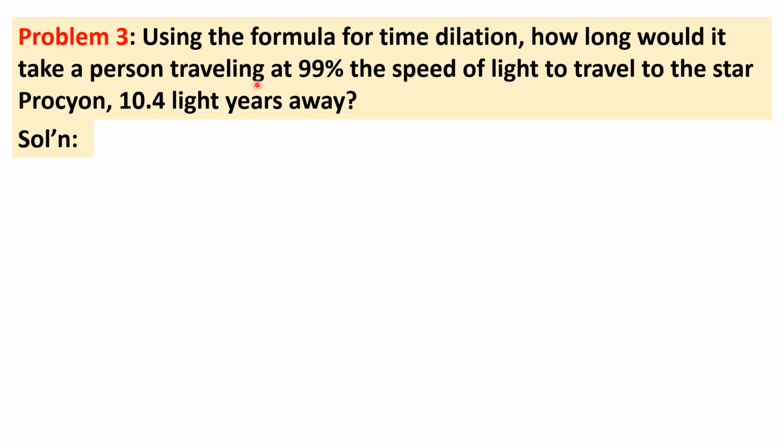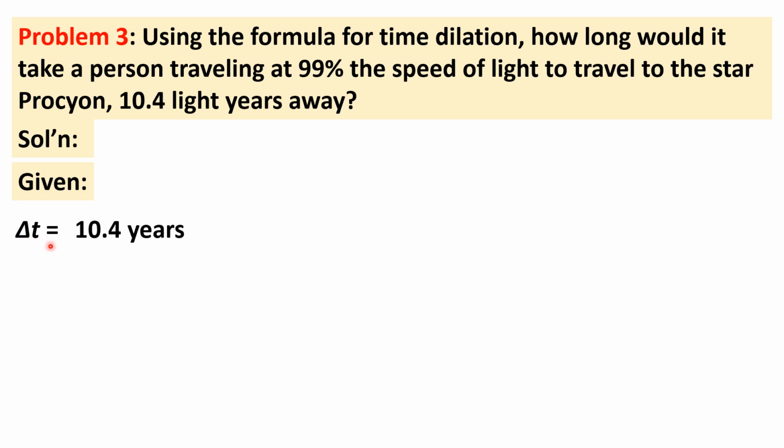Problem number 3: using the formula for time dilation, how long would it take a person traveling at 99% the speed of light to travel to the star Procyon, which is 10.4 light years away? So, for our solution, we identify the given data. First, we have the delta t, which is 10.4 years.